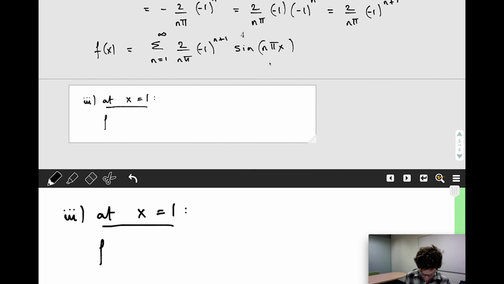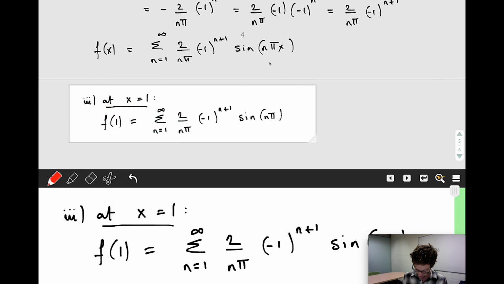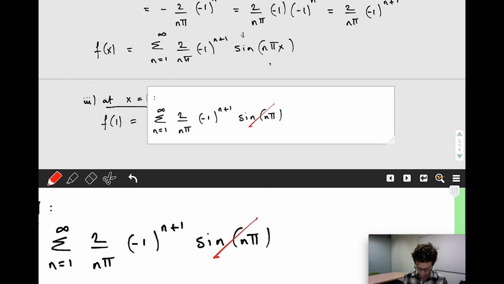So I've got f at x is equal to 1 is equal to the sum from n equals 1 to infinity of 2 over n pi, minus 1 to the power of n plus 1, times the sine of n pi. But we know that the sine of n pi is equal to 0 for any integer value of n.